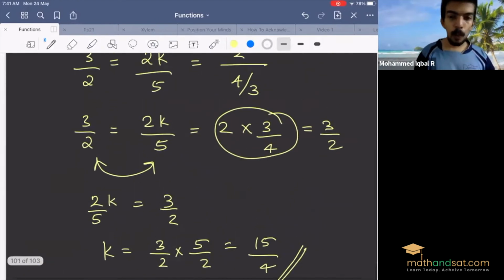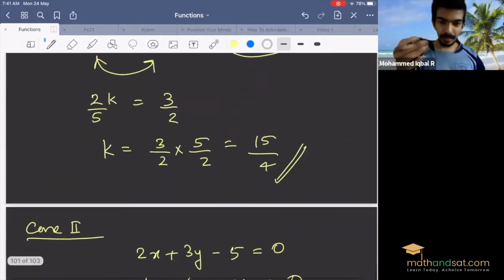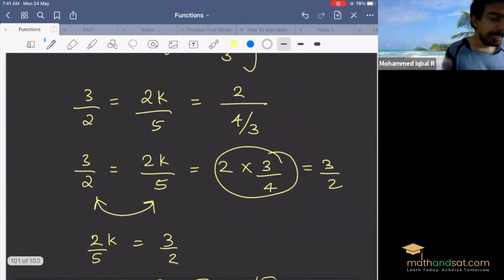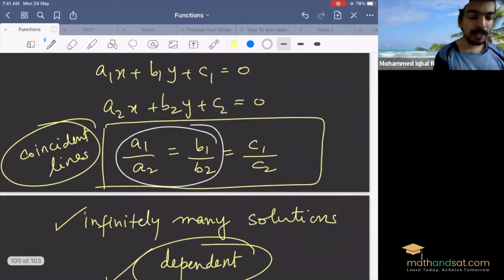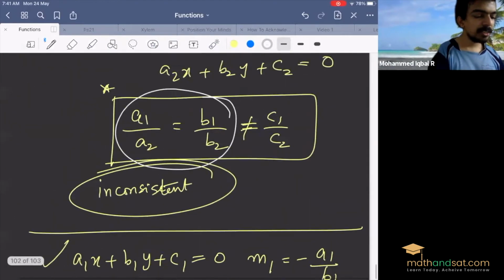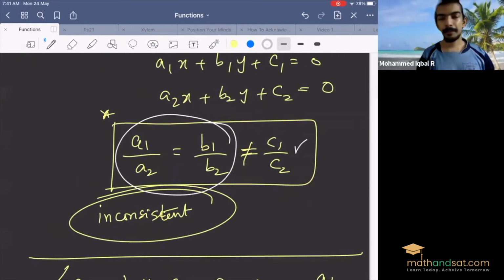And how can you distinguish between these two cases? In this case, the constants will also satisfy that proportion. Here, the constants will not satisfy that proportion. That is a simple idea. Clear?